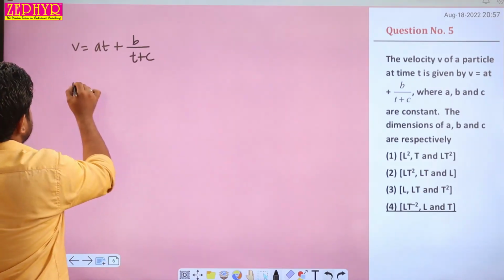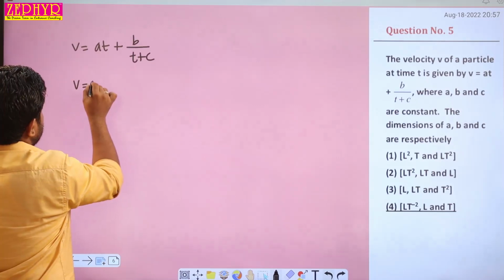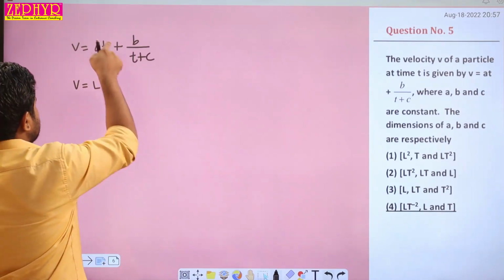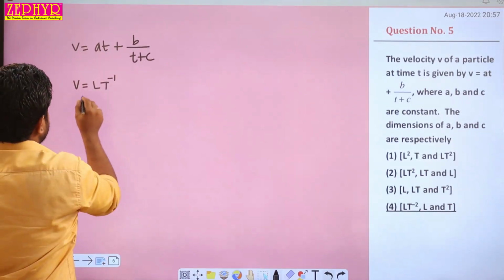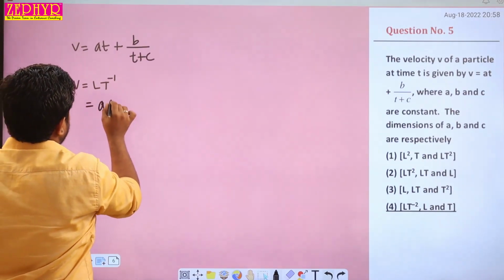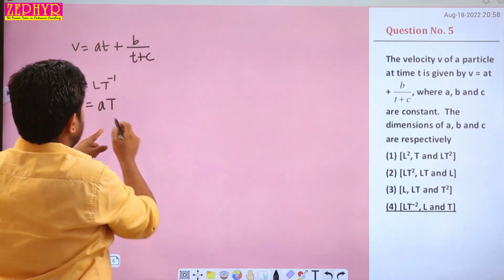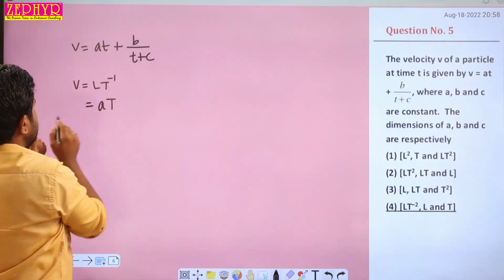That means the dimension of v is equal to Lt raised to minus 1, and that is equivalent to the dimension of at. A is the constant and t is the time, so the dimension of time is t.